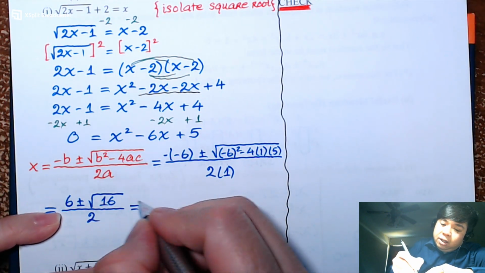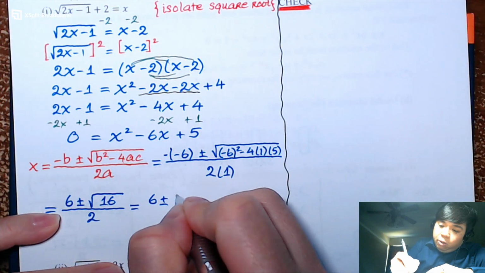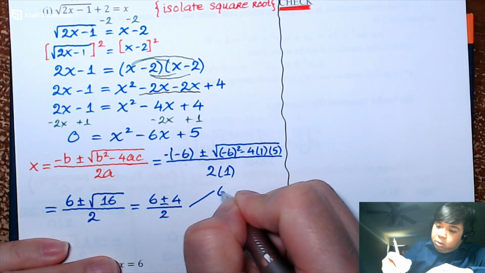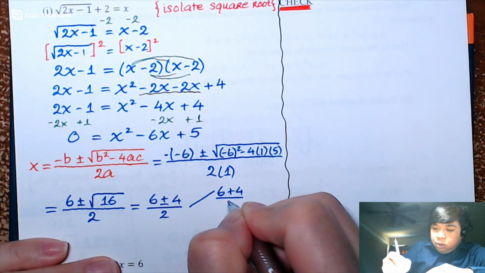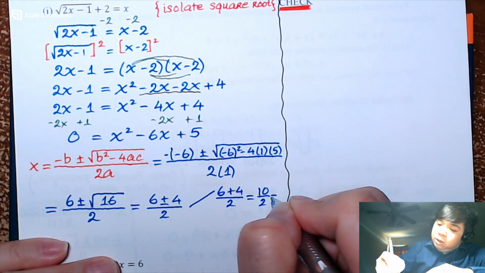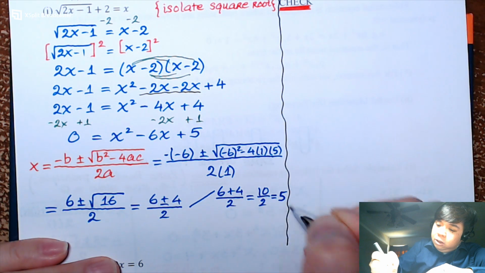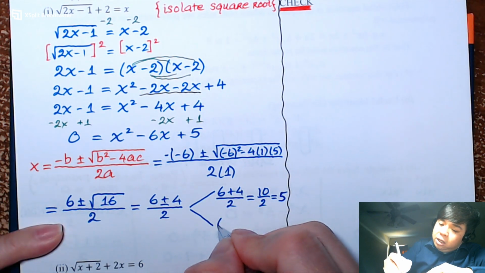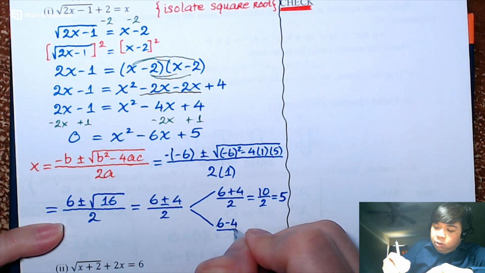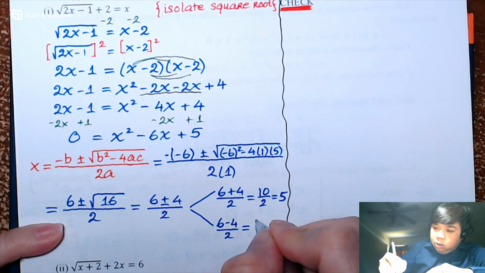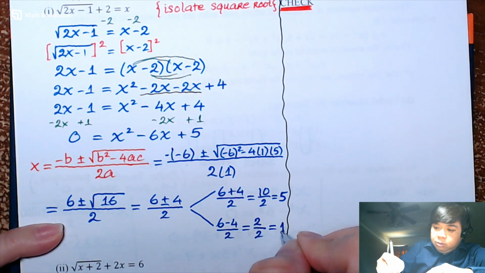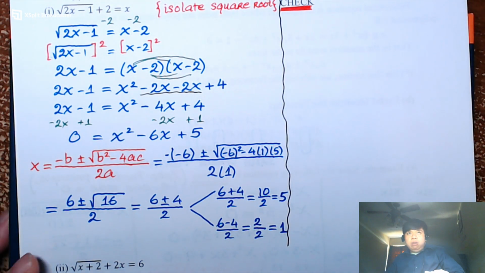And that gives us 6 plus or minus 4 over 2. 6 plus 4 divided by 2, that's 10 over 2, which is 5. And 6 minus 4 over 2 is 1. So we have 1 and 5.